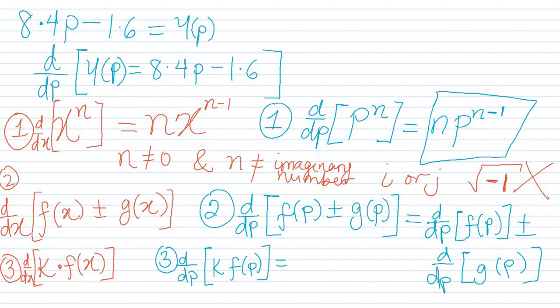It's the same thing as bringing out k. What is k here? k is just a constant. Anything that is a constant is k. We just do that, then that would be k, the constant, multiplied by the differentiation of the function f(p). So this is the general information we can use to solve this question.